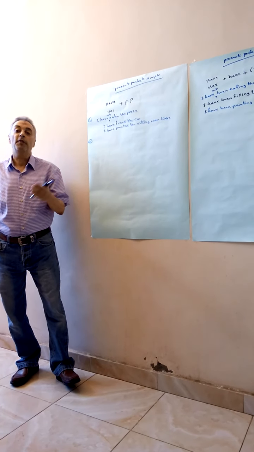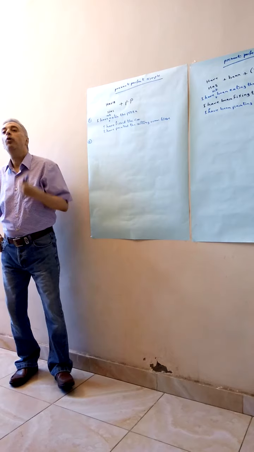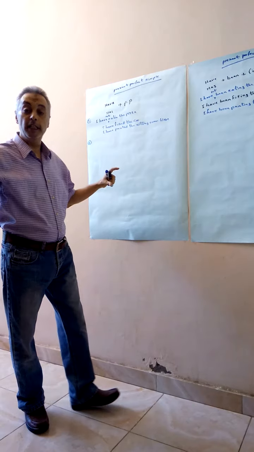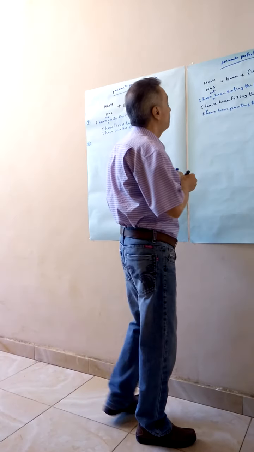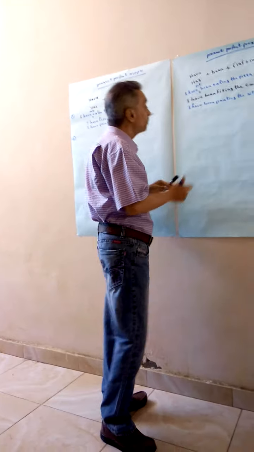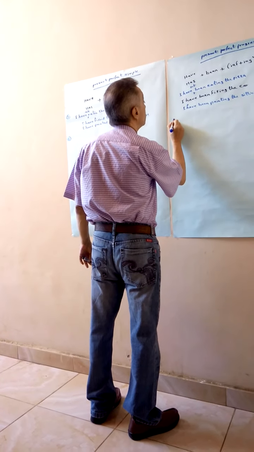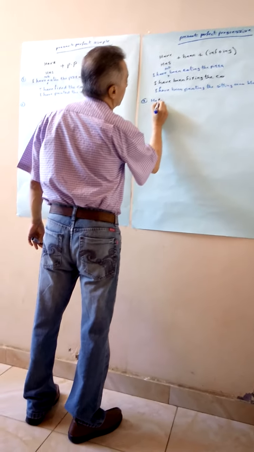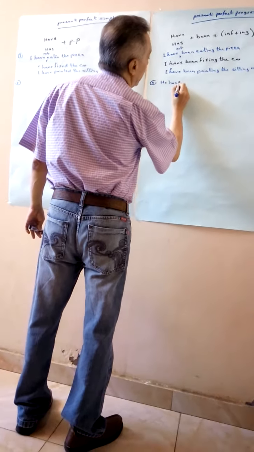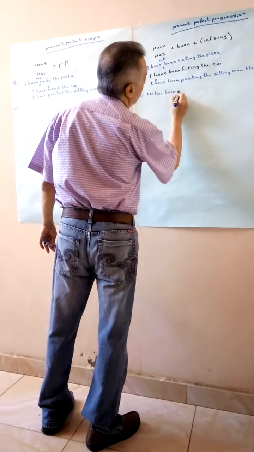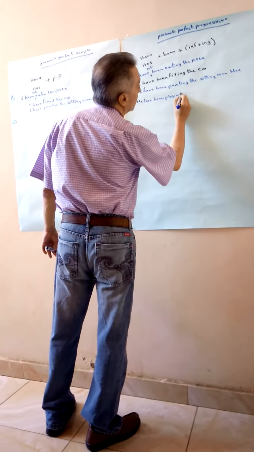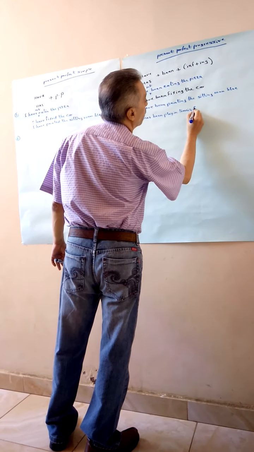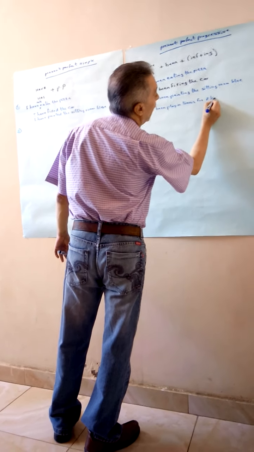Whereas the present perfect continuous is used to tell how long something has been happening. We are here focusing on the duration, the period of time. Example, he has been playing tennis for 2 hours.